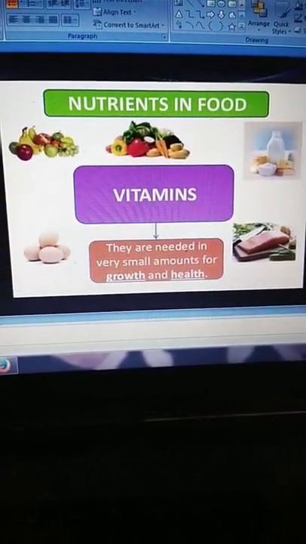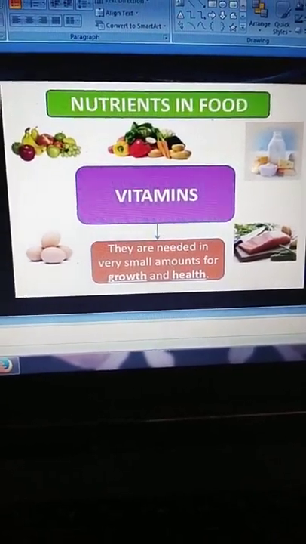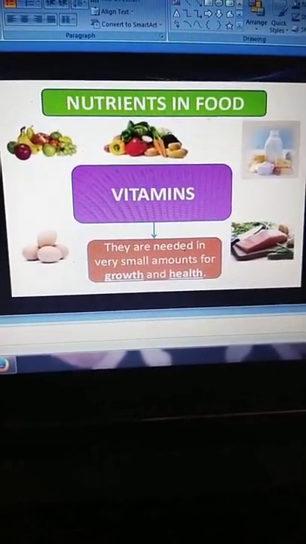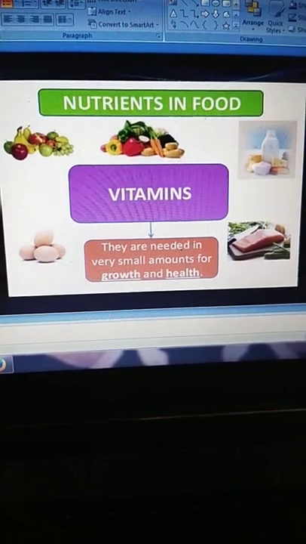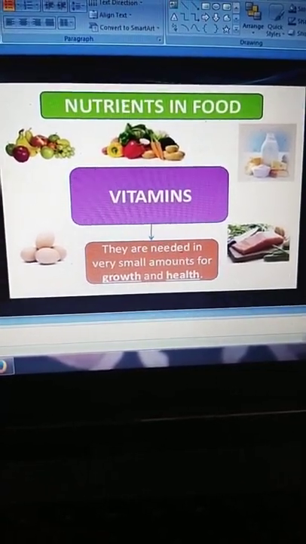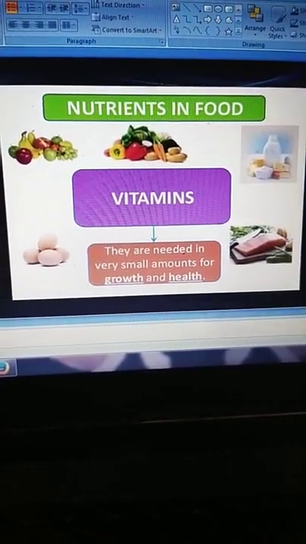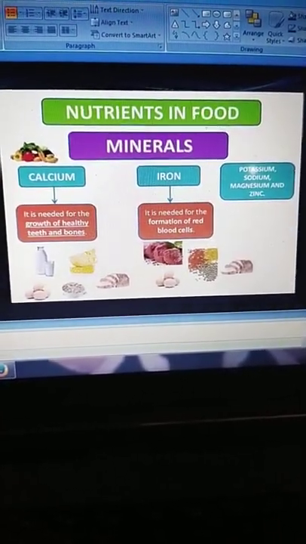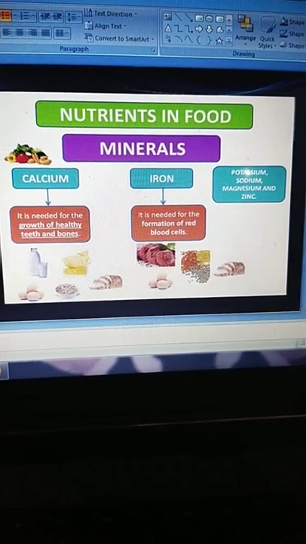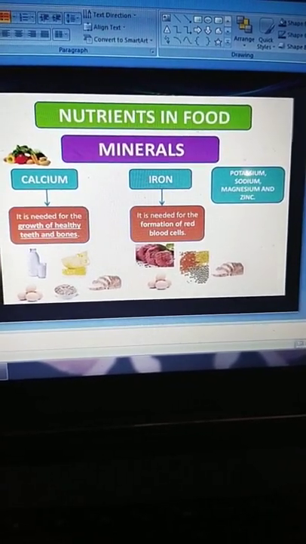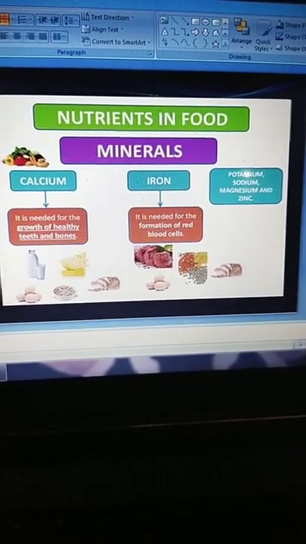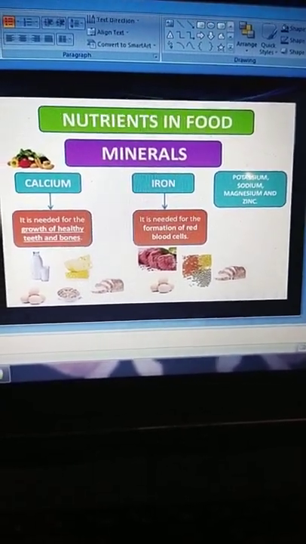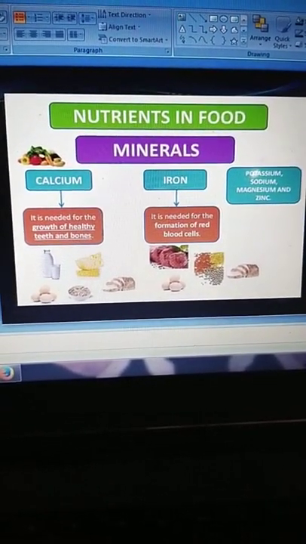Vitamins are needed in a very small amount for the growth and health of our body. In vegetables, fruits, eggs, milk and meat, we can get vitamins. Minerals like calcium, iron, potassium, sodium, magnesium and zinc are also highly needed for our body.